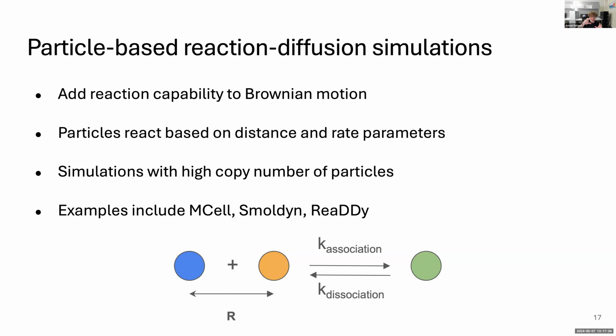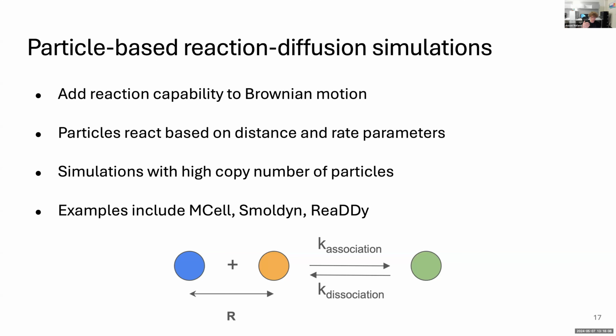When particles are within a certain distance, they react and form a new type of particle, or one type of particle can react and form two separate particles. The use of this is that you can do simulations with a very high copy number. For example, if you want to look at a compartment of the cell, and what happens when there are hundreds and hundreds of proteins, and over time what happens to the overall concentration of each type of protein, you can set up a reaction diffusion simulation.